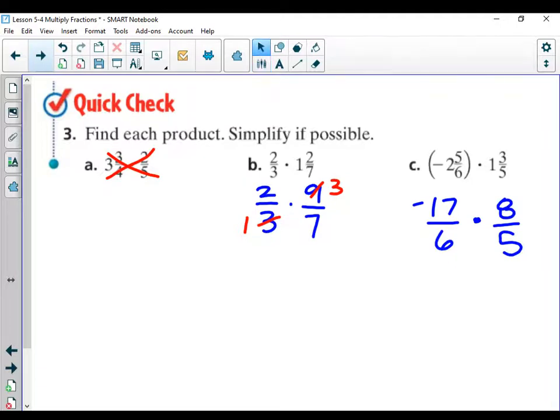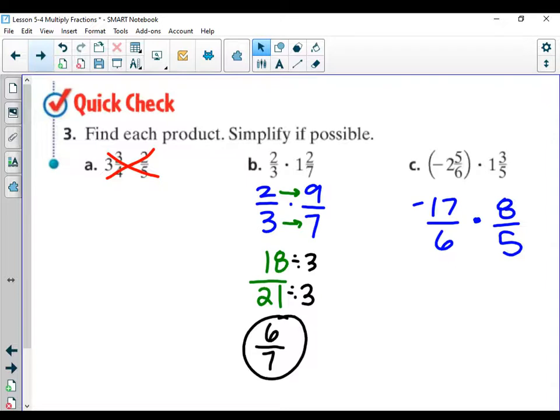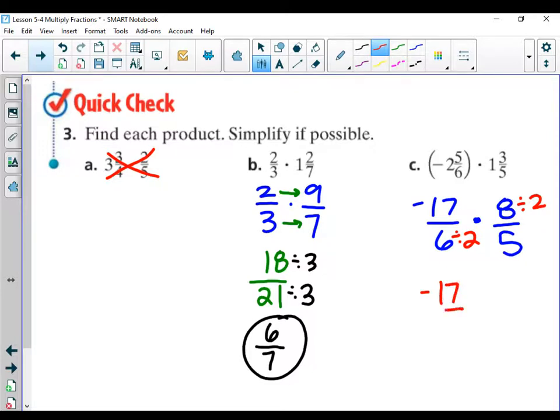But you don't have to. For this one, the numbers are small enough for me, I usually don't. Can you? Of course you can. On this last one, the numbers are getting a little big, so I probably do simplify here. Do you have to? No.